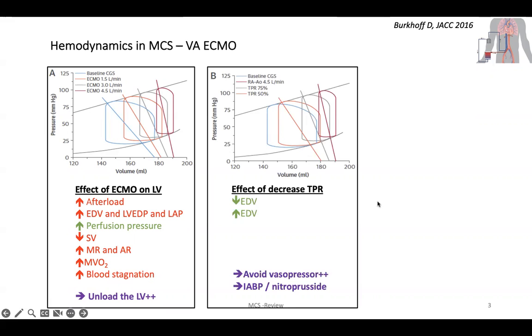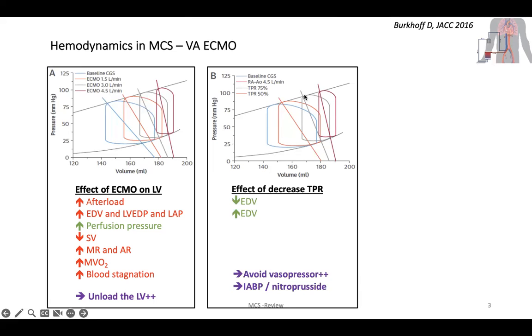Now it's interesting to understand what the effect is when we reduce the peripheral arterial vascular resistance. When you do that, as modeled here on the gray curve and the orange curve, you're going to have a left shift of the curves, meaning that you're going to decrease the end diastolic pressure and volume of the left ventricle.